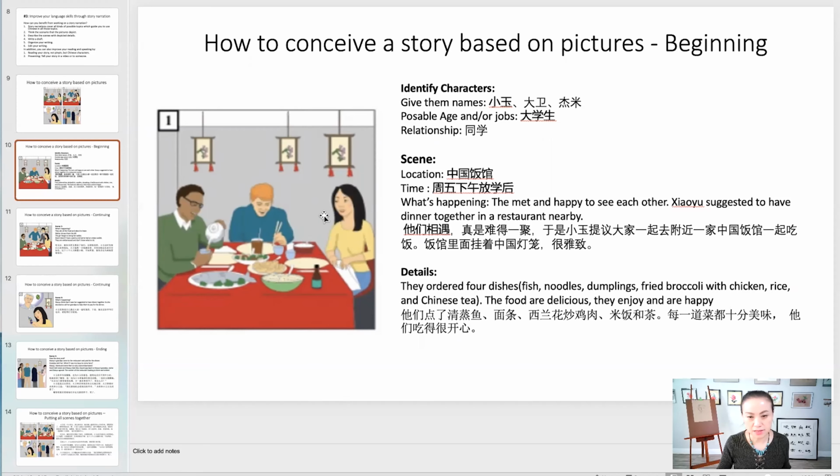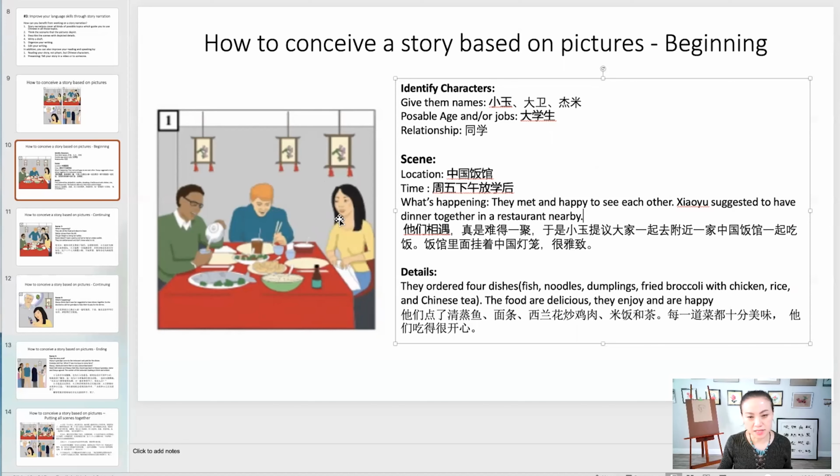Because of the style and the dishes, we can identify it's a Chinese restaurant. And then the time, you're going to decide. For example, you can say 周五下午放学后. After school, because they're college students, after school and on Friday.